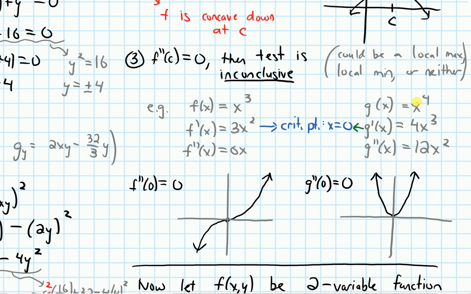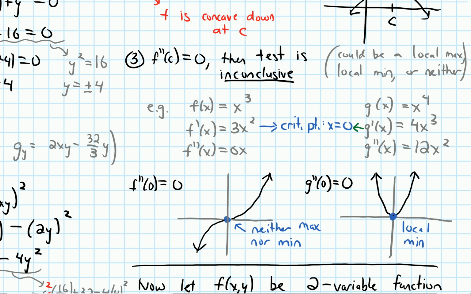Looking at these two graphs, in the x cubed graph, the critical point is neither a max nor a min. But in the graph of x to the fourth, that critical point is definitely a local min. It's the bottom of a valley.